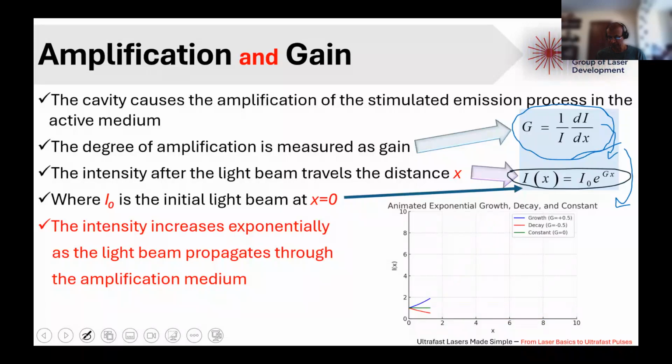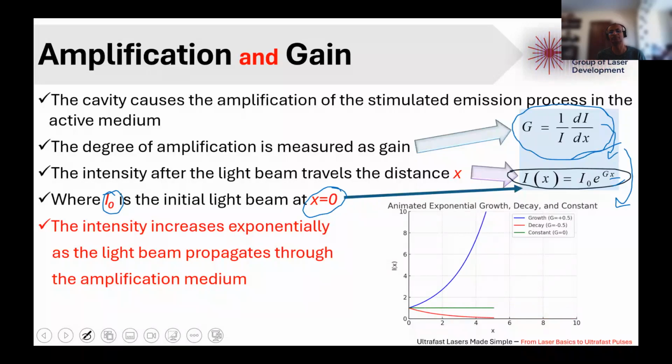You will also see the plot down, and to the plot I will come later. First, look at the points which I have written there. I is the intensity, I naught is the initial intensity, G is the gain, and X is the distance. So this I naught is the initial intensity at zero distance.